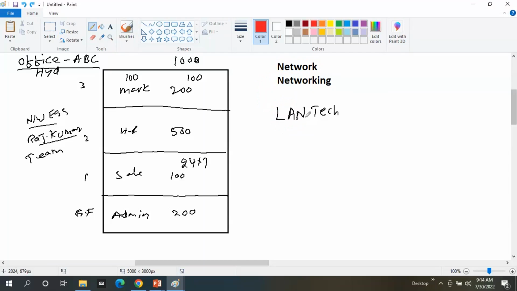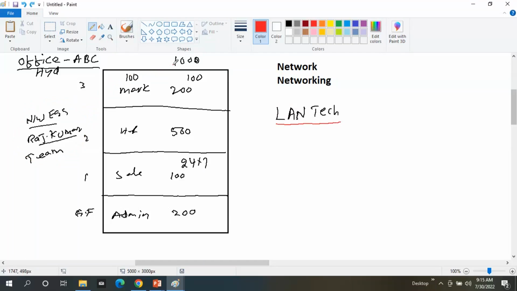So if you get trained and have very good knowledge of LAN technologies, then as a network team you can manage and maintain 1,000, 2,000, 10,000, any type of small, medium, or large network. Next example, if you go to any five-star hotel, there will be many floors, 5 to 10 floors.